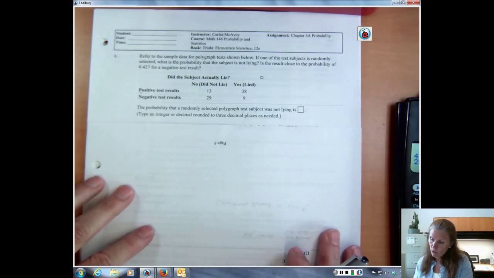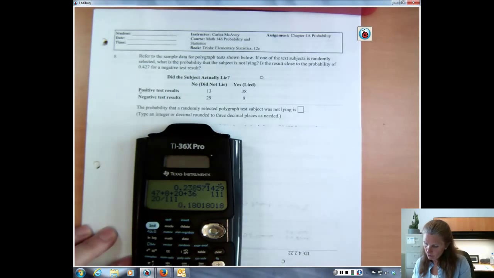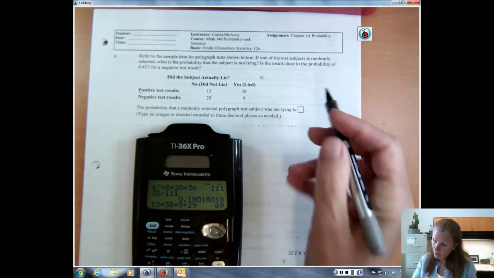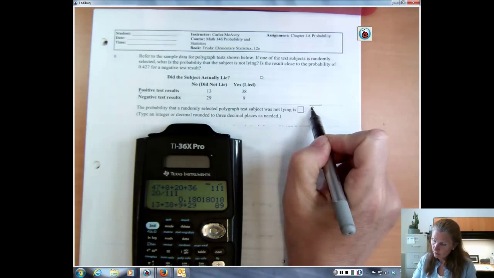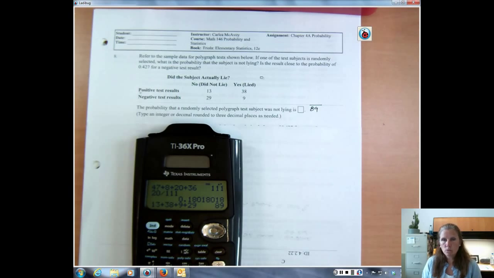Okay, what are the total number of people that we're talking about here? 13 plus 38 plus 9 plus 29 is 89 people. So we have 89 people that we looked at. What is the probability that the subject is not lying? So the probability that they didn't lie, here it is.